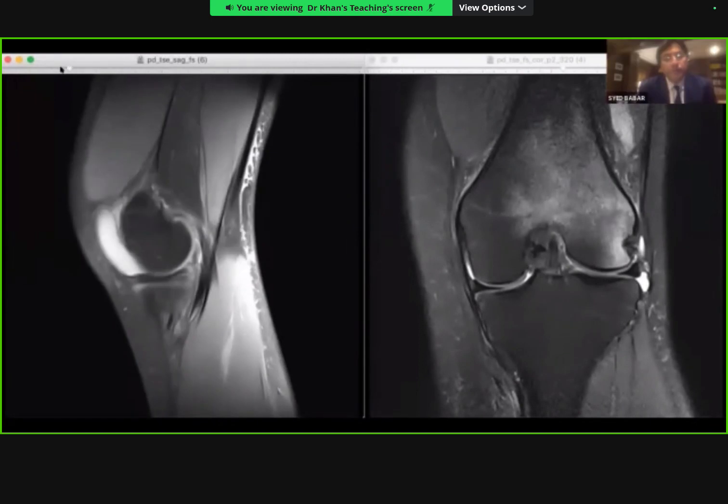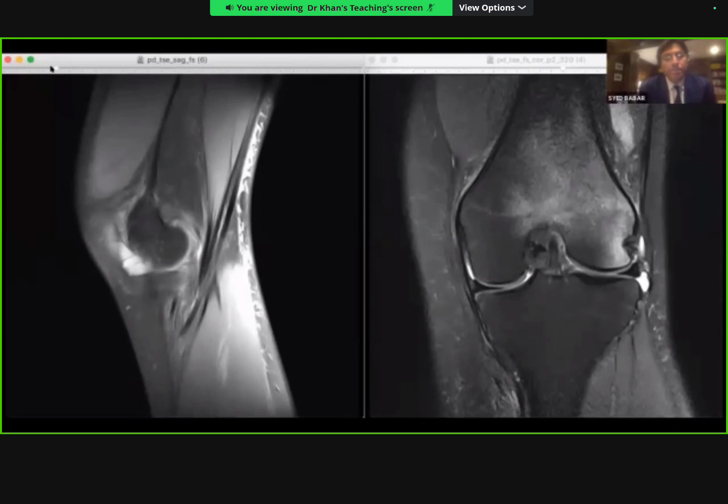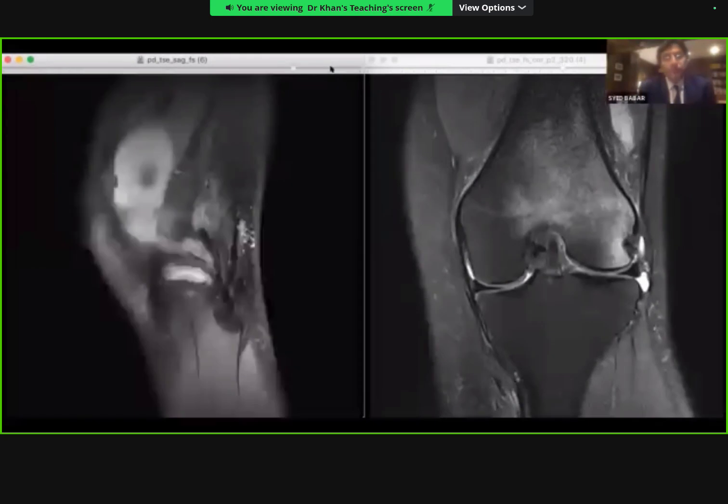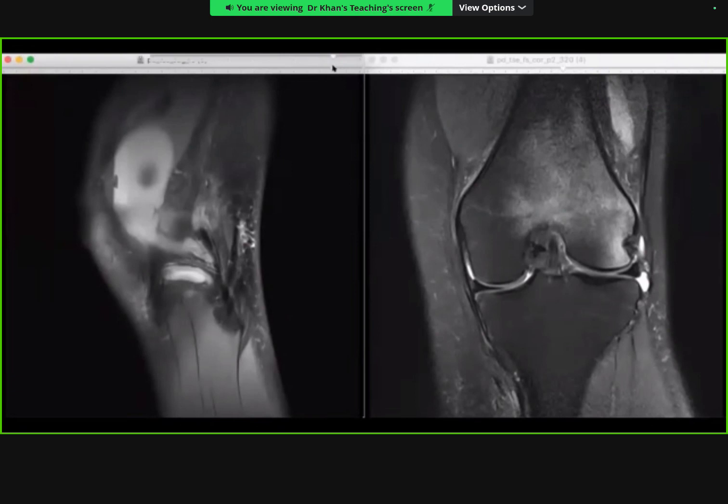I think we're on the medial side of the knee. Yes, that's the bunny sign of the conjoint tendons.